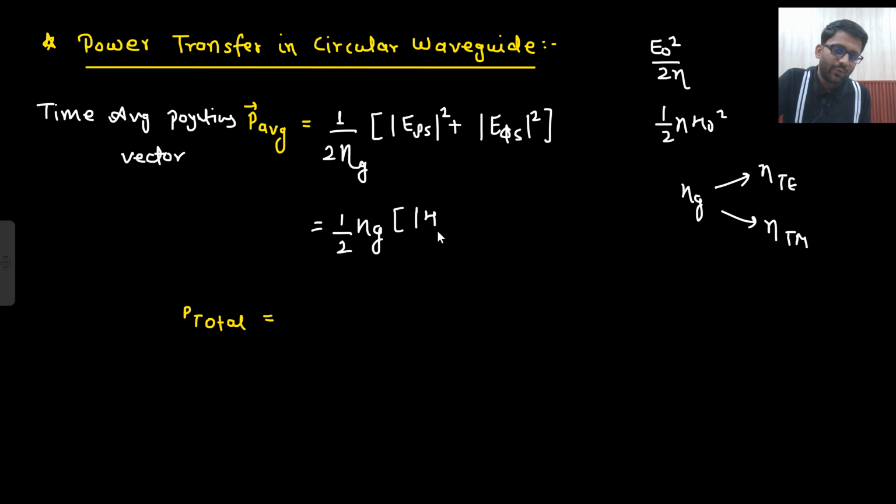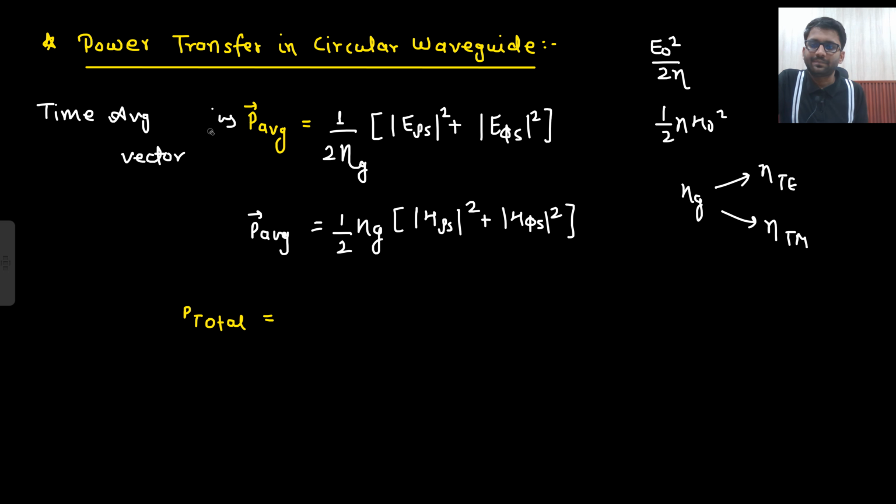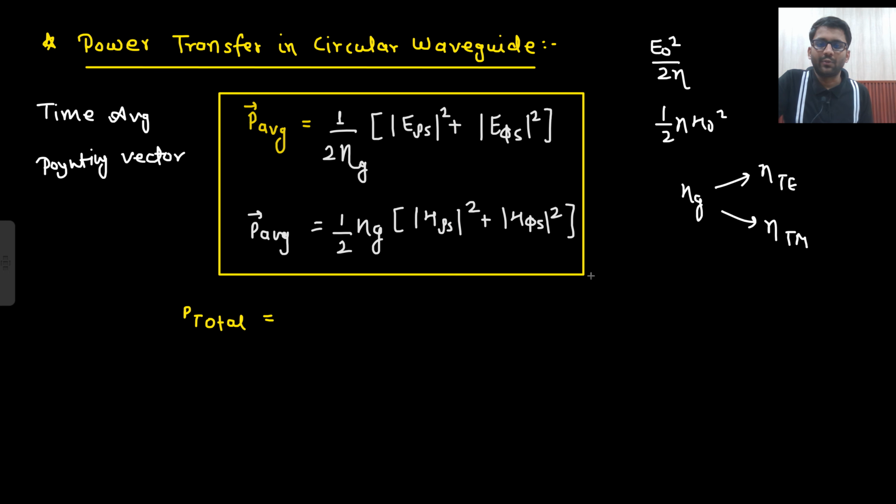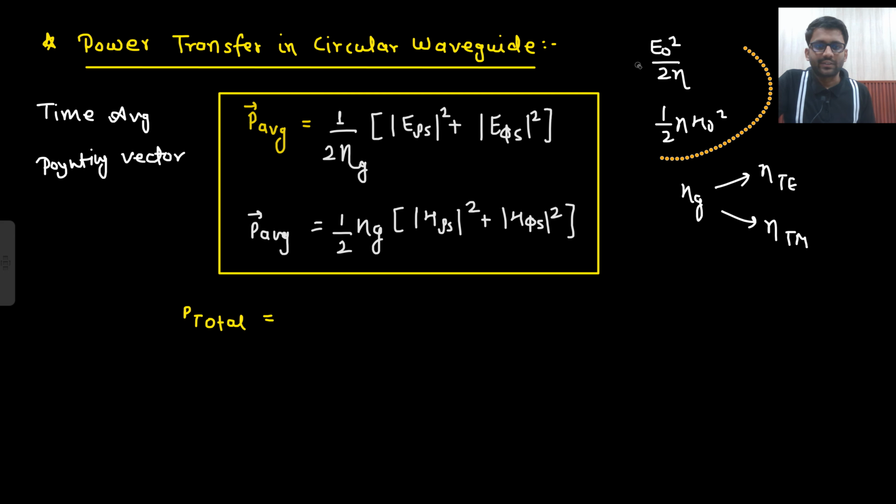And here as well we have two components, H rho s plus H phi s. Right. So these are the two formulas of our time average poynting vector.